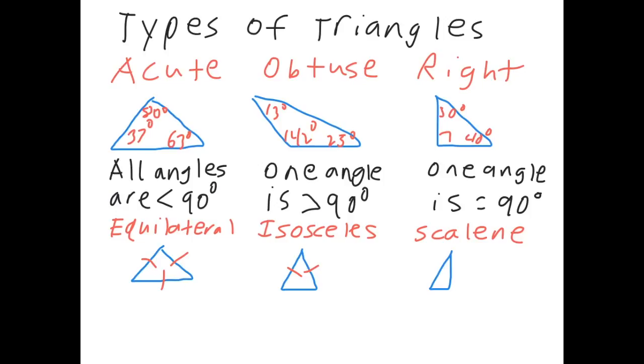So when you see marks like these, it's saying that this line is the same as this line is the same as this line. So an equilateral triangle has all sides equal or congruent.